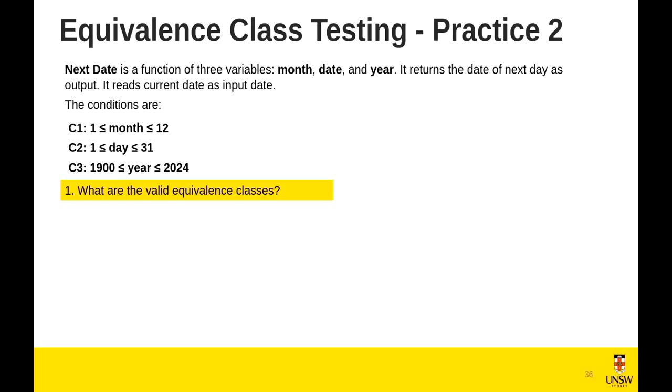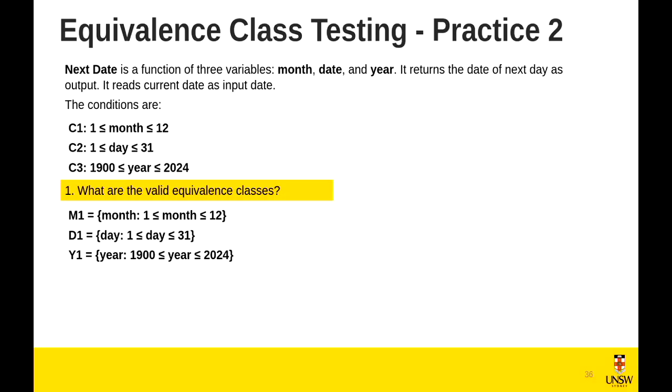So can you think about what the valid equivalence classes are here? How many valid equivalence classes do we have? 3, yes.